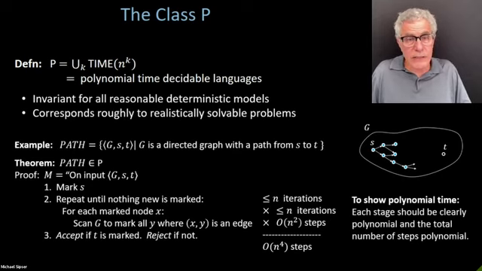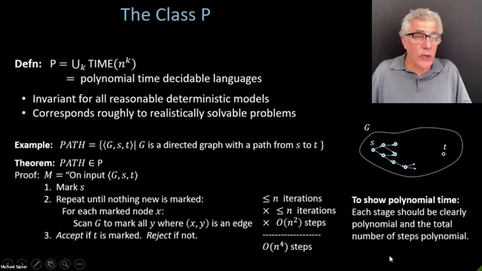Okay, that's a good question. What is N? Thank you for asking that question. N is always going to be reserved to indicate the length of the input. So here, N is going to be when we encode G, S, and T. And here also, I haven't said this, but I'm assuming that the encoding that you're using is somehow reasonable. I think we'll talk a little bit more about that in the next lecture, which is going to be after the midterm.